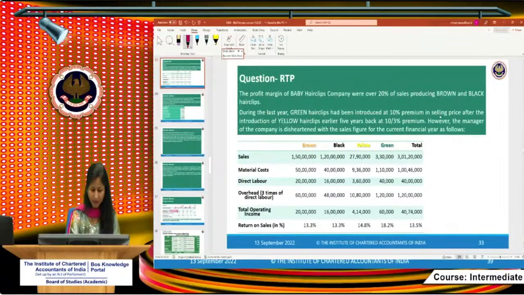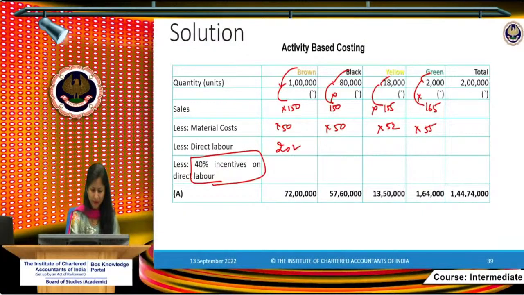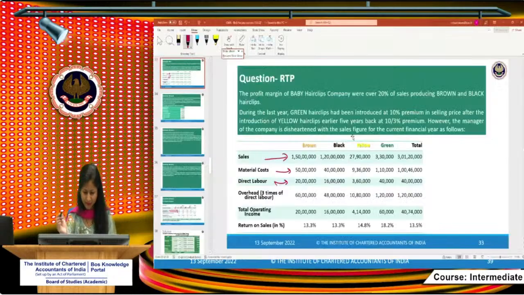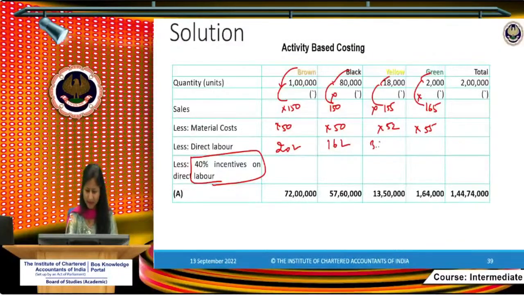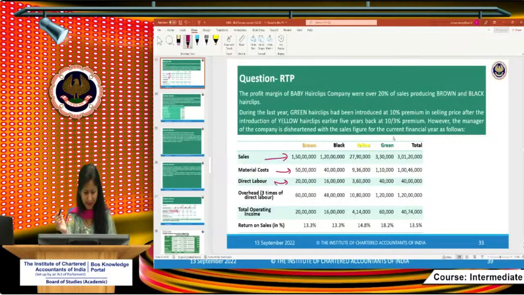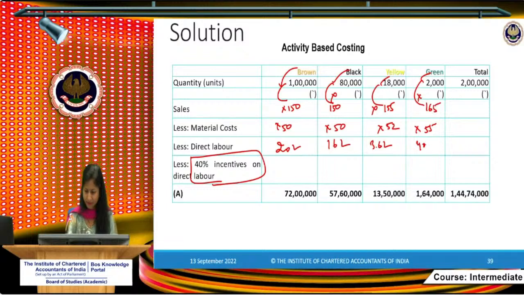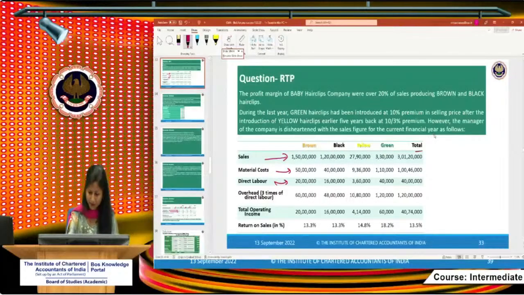Well, you already have the sales figure here. You can also put the figures directly from here. Sales figure, fine. Material cost, fine. Direct labor, you can put from here: 20 lakh, 60 lakh, 3.6 lakh, and then 40,000. So all the figures you can put from here.